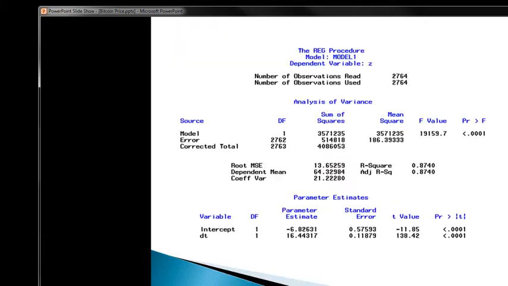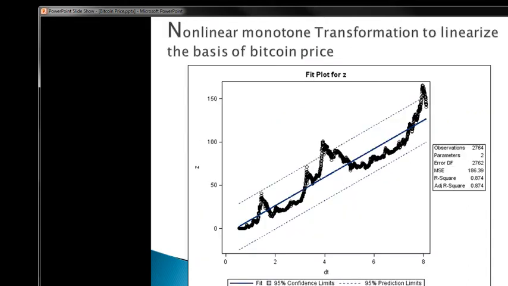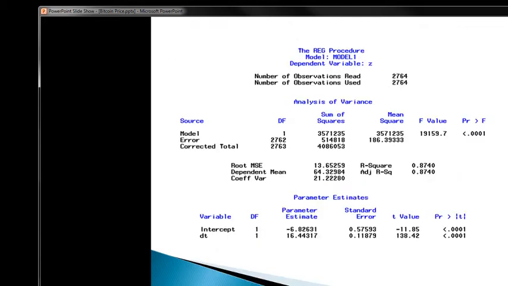This transform used all the data we have, 2,700 something points, which is a little less than 8 years, maybe 7 years and a half.